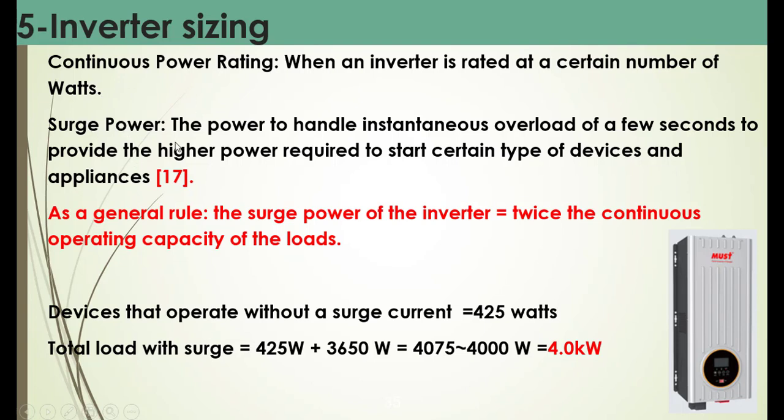The term surge power represents the power to handle an instantaneous overload of a few seconds, to provide the higher power required to start certain types of devices and appliances. As a general rule, some references tell us the surge power of the inverter must equal twice the continuous operating capacity of the load.